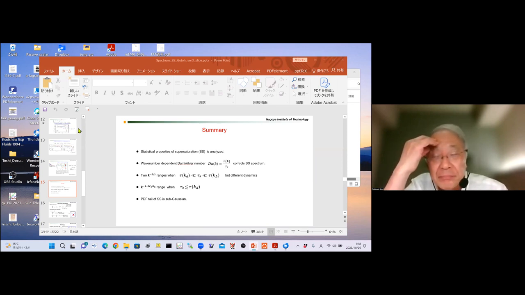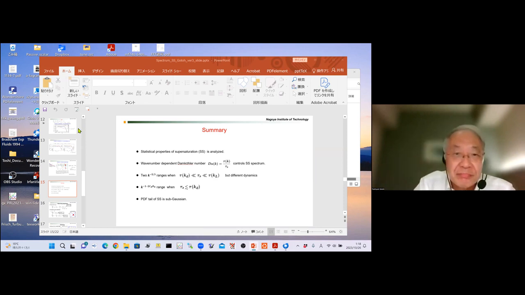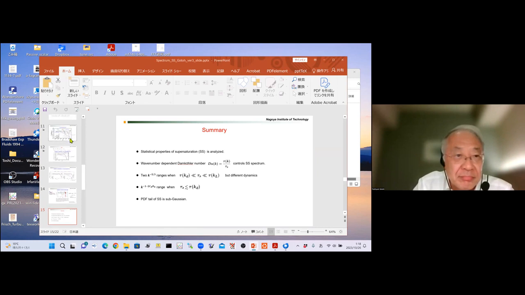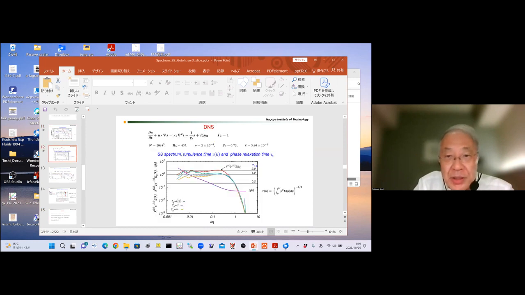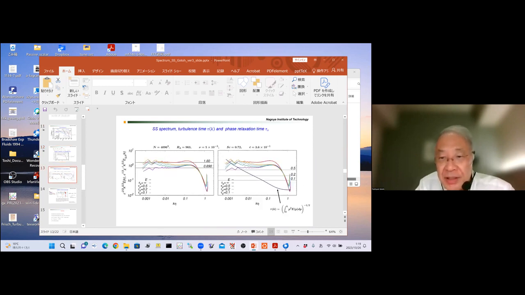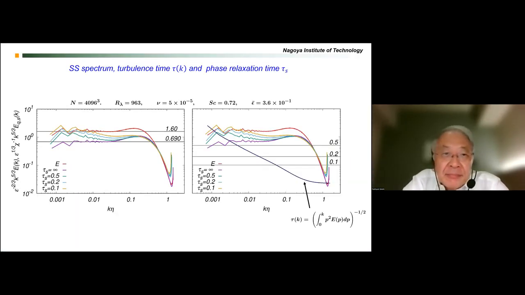Interesting presentation. If you go 2 slides up when you talk about the DNS and you show the spectra, the spectra versus k eta, one up. At the higher end, you seem to have accumulation of energy, right?